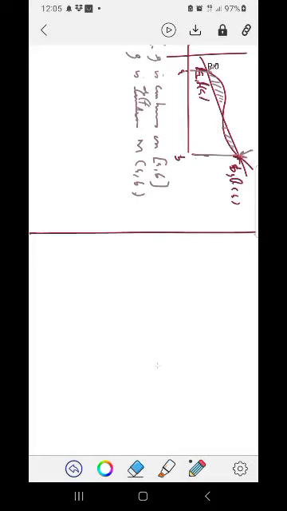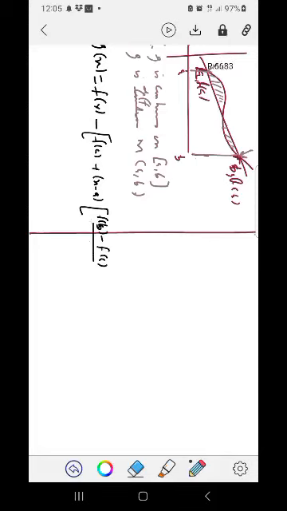So let's see what happens at the origin. Let's differentiate G first. You know that g of x is in fact f of x minus f of a plus x minus a times f of b minus f of a over b minus a.